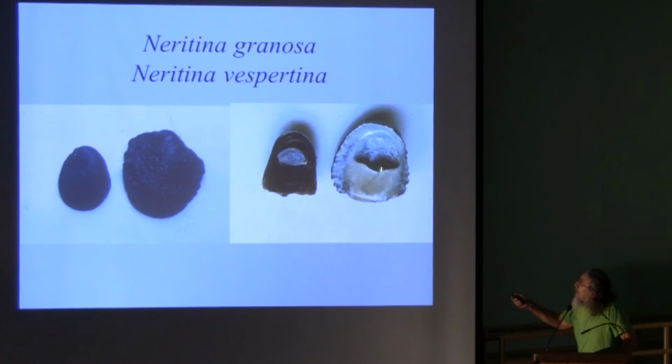Neratina granosa is the bigger one, and you can see it has this kind of peach color. Neratina vespertina, this is much more, the shell is a lot more organic. This has a moderate amount of calcification. So again, these are eaten. Sometimes you see them in Komashiro Market. I think in your handout they're called hihibai. This one's called hihibai.